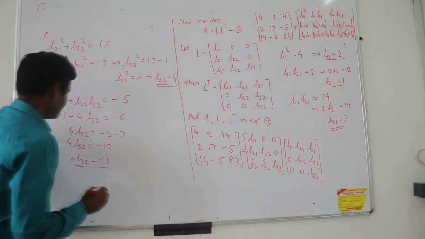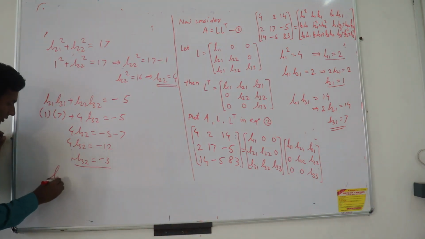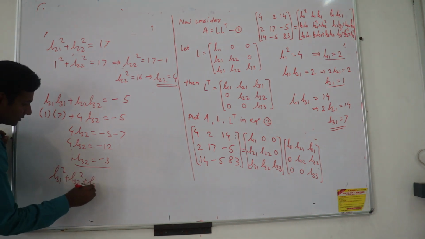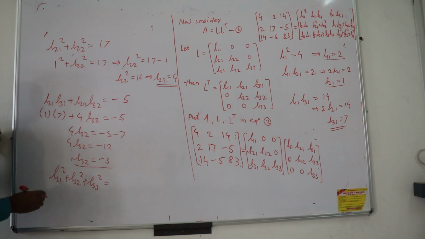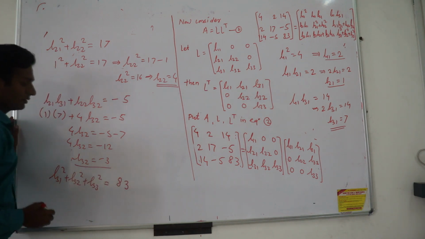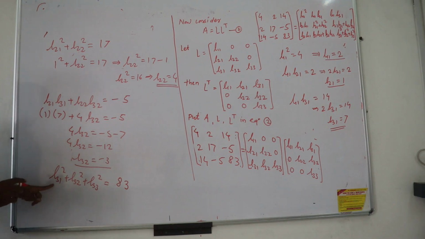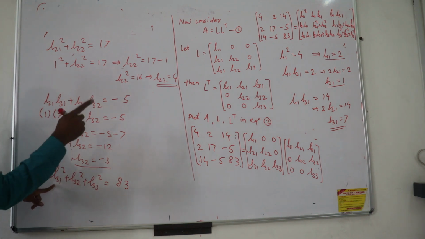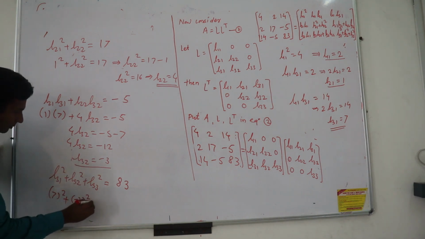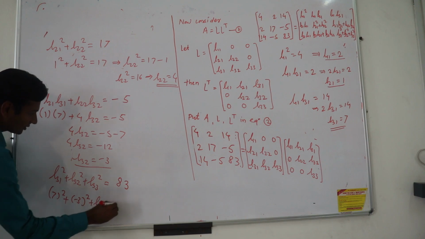Now the last: L31 square plus L32 square plus L33 square is the last element in the third row, and we have to compare it with the one in matrix A, which is 83. Now L31 is 7, so 7 square plus L32 is minus 3, that is minus 3 square, plus L33 square is equal to 83.